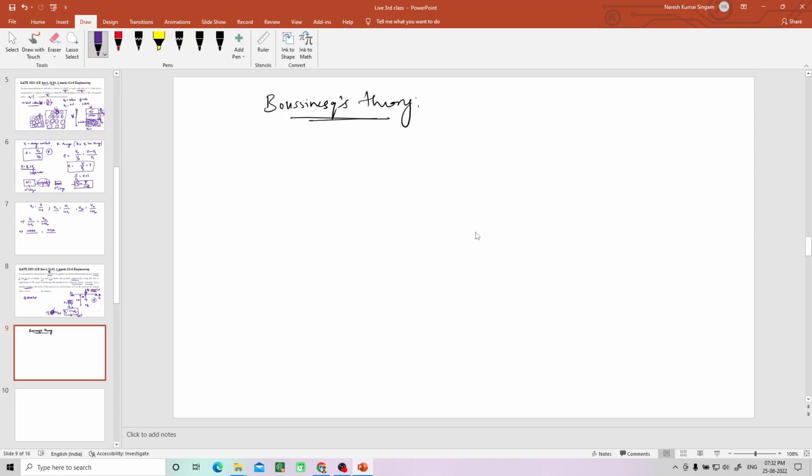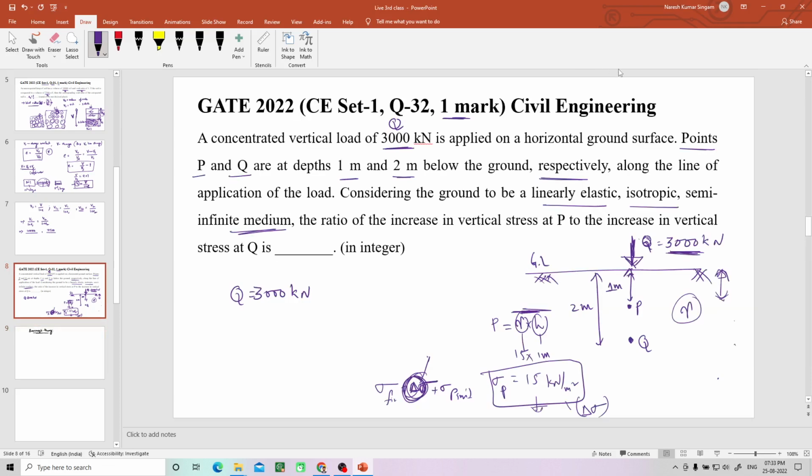It cannot be a pressure or areal load through which we find the increment in stress at any point. These assumptions tell you indirectly that you have to use the Boussinesq equation to find the incremental stress.